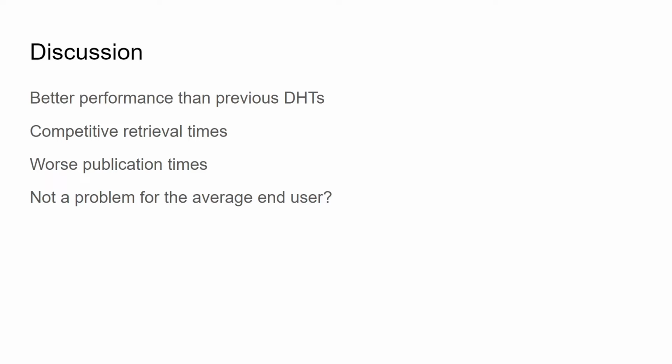However, the average end user is likely to be much more concerned with retrieval performance, which is much stronger in comparison to HTTPS. Lastly, IPFS does not currently feature any sort of incentive mechanism to encourage users to be more than leechers. However, the authors have not identified a problem with this, as participation is still widespread.